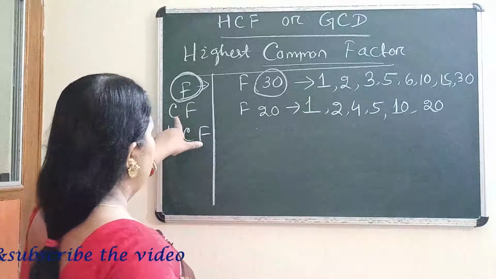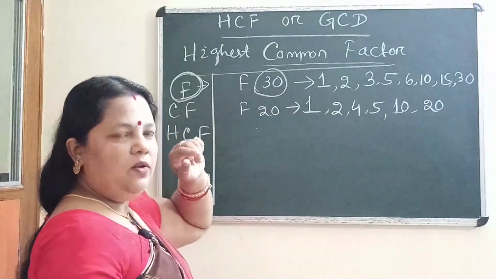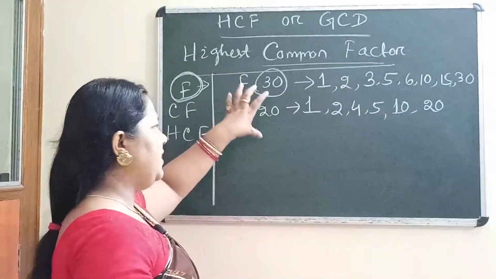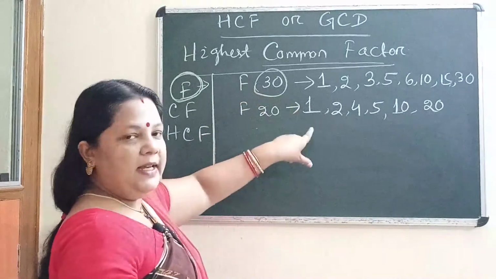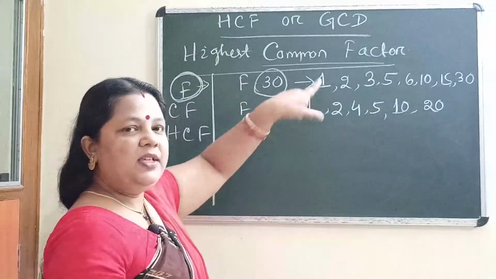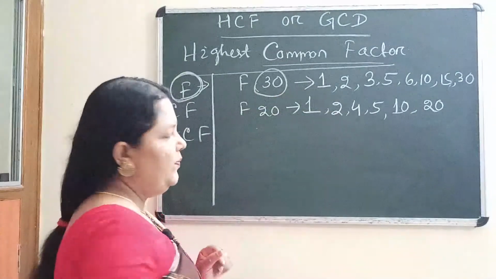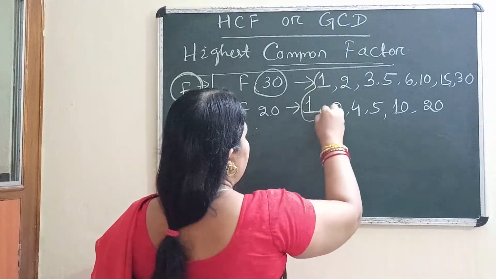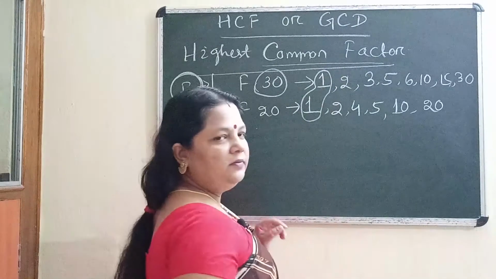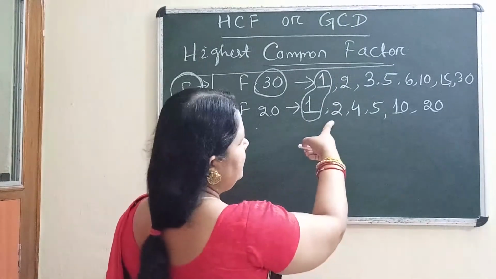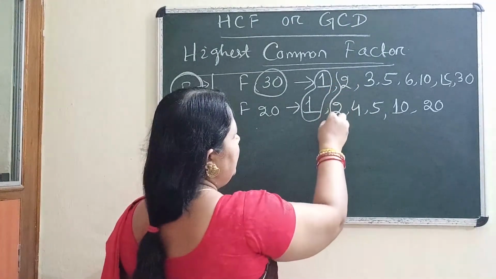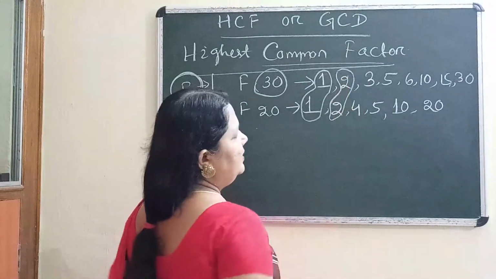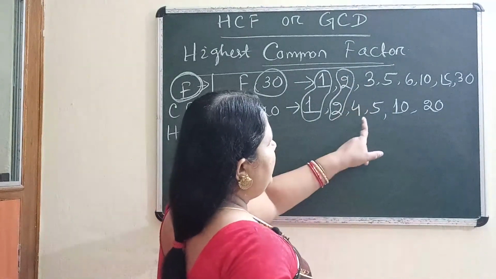Next is your common factor. What do you mean by common? Common means the factor which is present in both the cases, which is similar in both the cases. So you can check here, 1 is present here and present here also. Am I right? Next, 2 is also present here and here. 3 is here but 3 is not here.